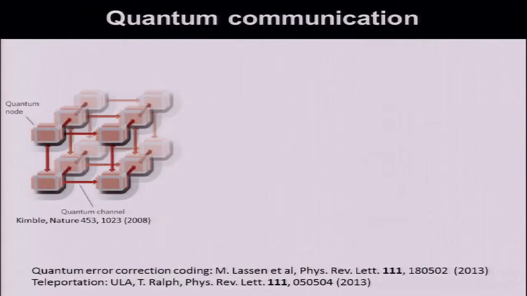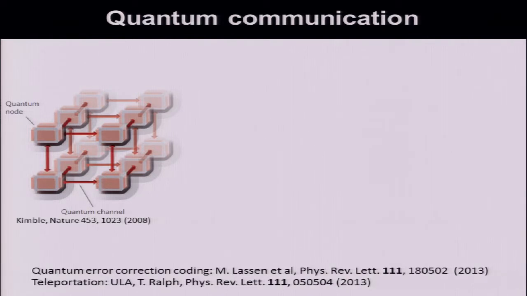Okay, so quantum communication. What is this? This is basically a transmission of quantum states over some optical links. And these optical links can, of course, be of different kinds. It can be standard optical fibers. It can also be free space propagation of quantum states, for example, via satellites.